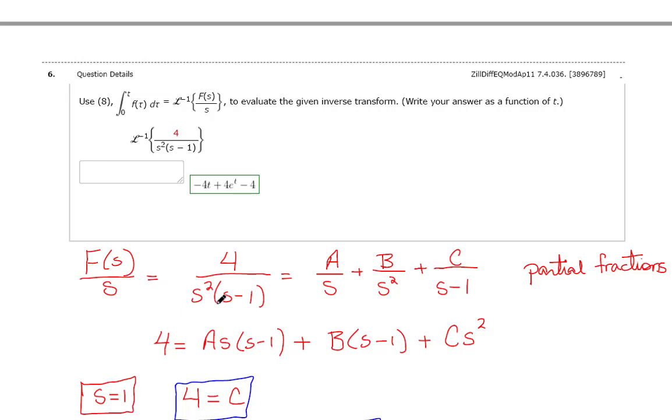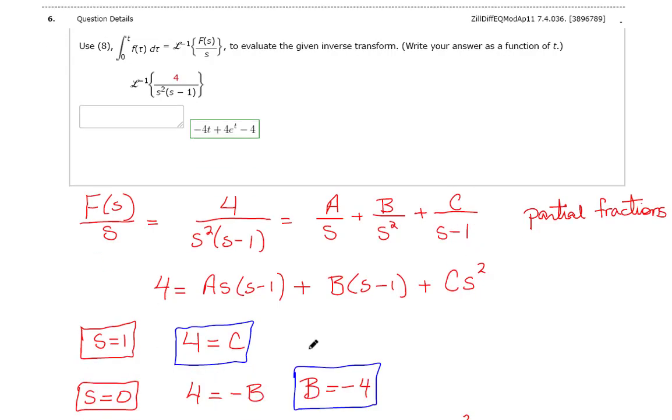I'm going to solve it by partial fractions. With this s squared, I've got an A over s. I need a B over s squared. If it were s cubed, I'd need another term. For s cubed, you count all the way up to the power. It's a repeated linear term. And finally, a C over s minus 1.